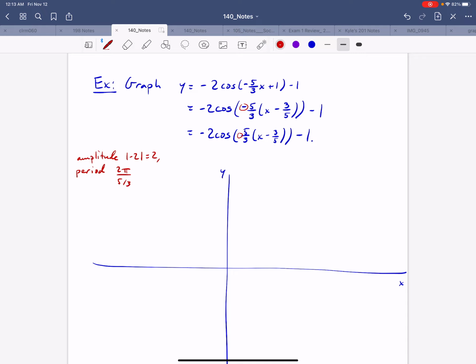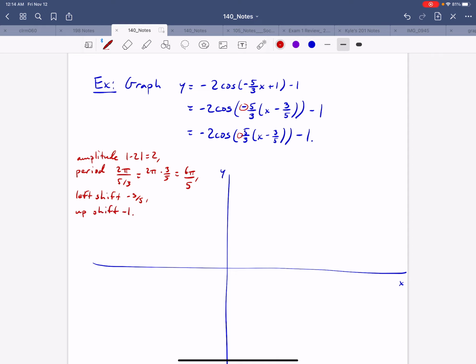It's the absolute value, so either way it's 2 pi times 3/5, which is 6 pi over 5. I'll say left shift -3/5. So again, we're going to the right. And then upward shift, -1.